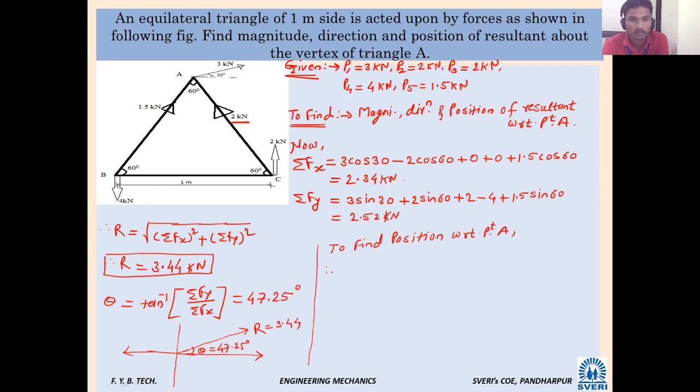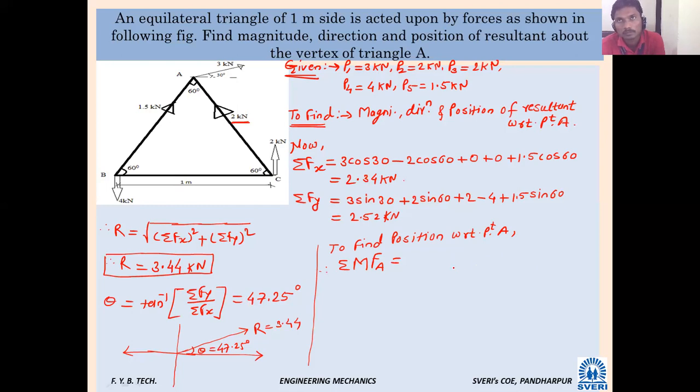Therefore, here we will find the summation of moments. See here, summation of moments due to all forces F at point A equals, first force number 1, 3 kilonewton. What will be the moment due to the 3 kilonewton force?